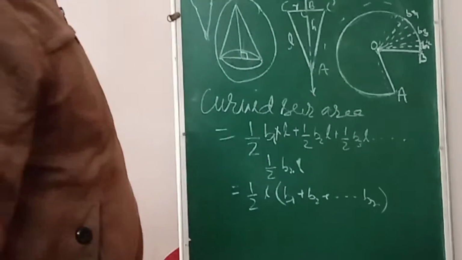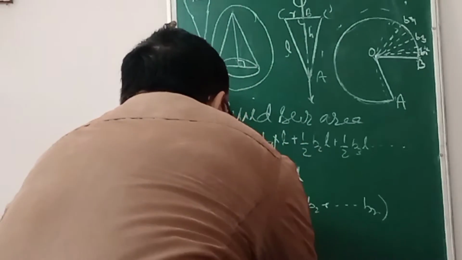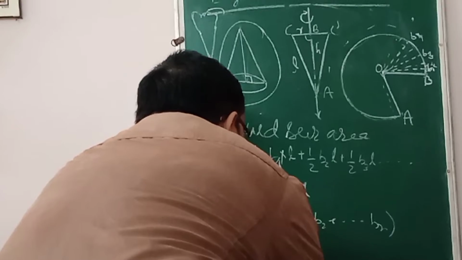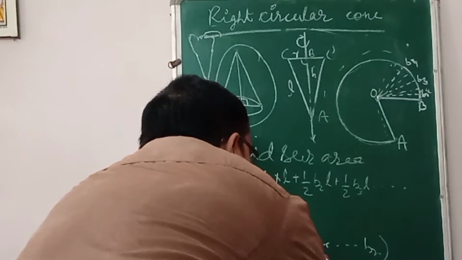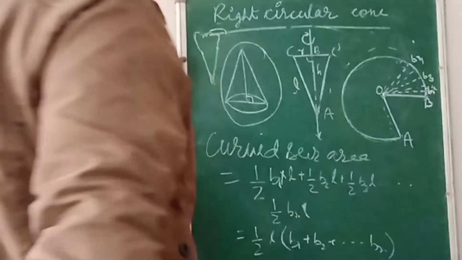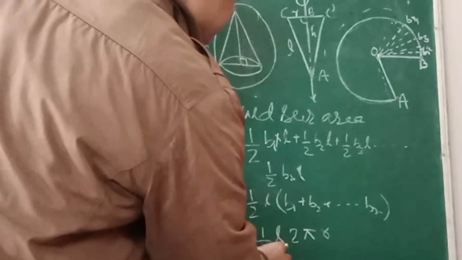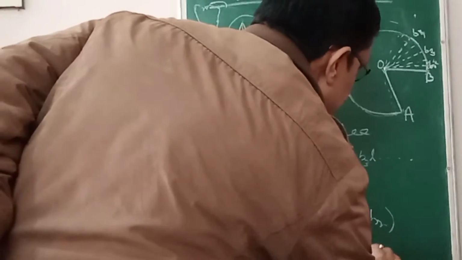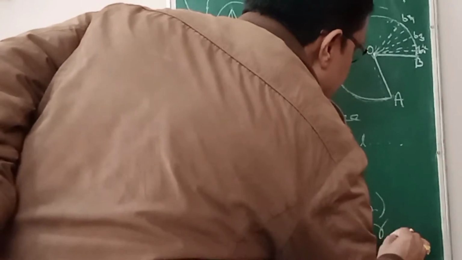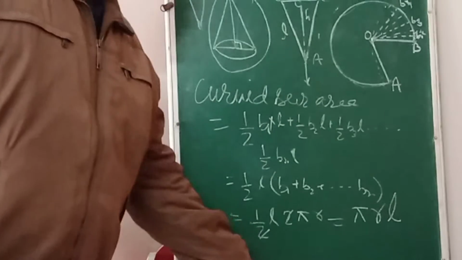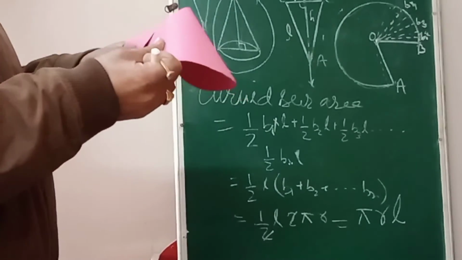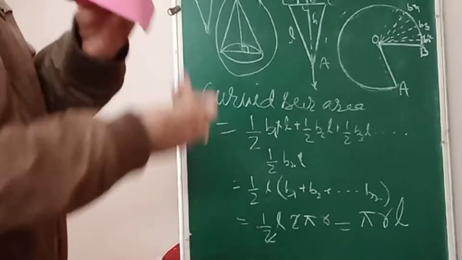And what is the circumference of a circle? 2 pi r. So this is pi r L. So this is the curved surface area of a right circular cone.